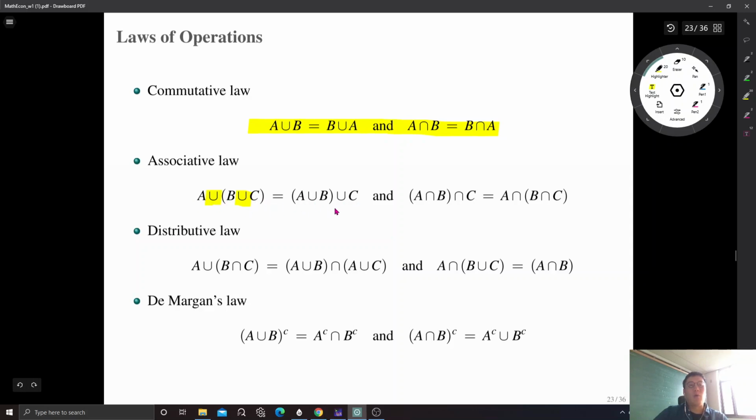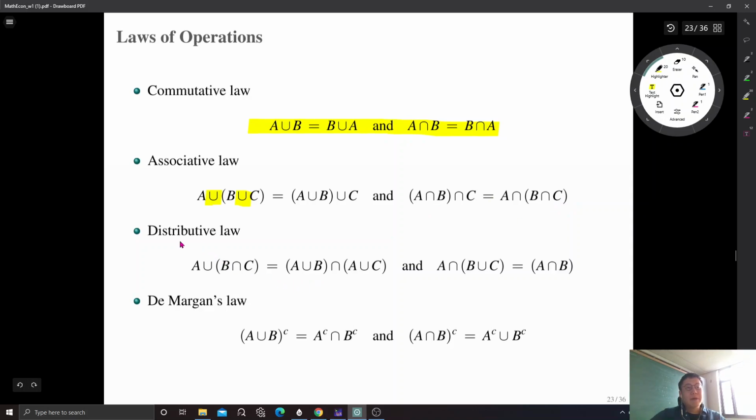Which union we take first does not matter. Similarly, we have intersections only here and here. It does not matter whether we take the intersection of A and B first or the intersection of B and C first. The results are the same.